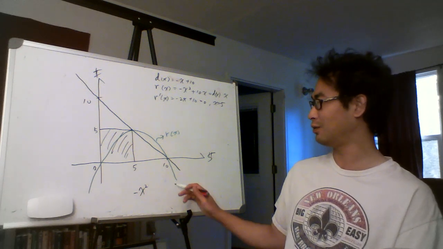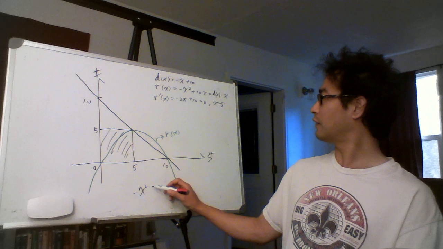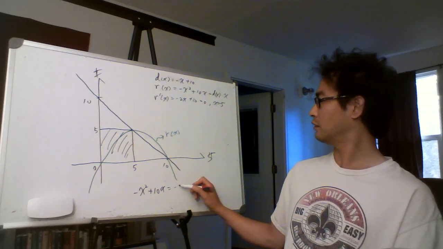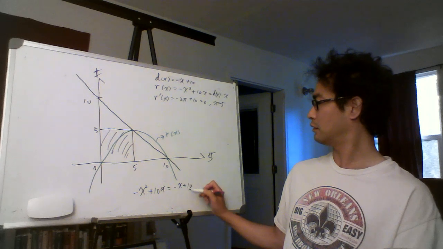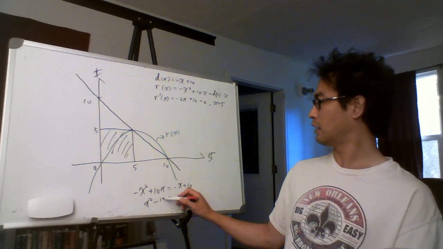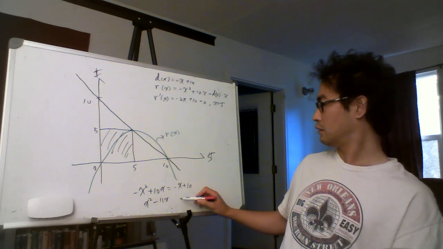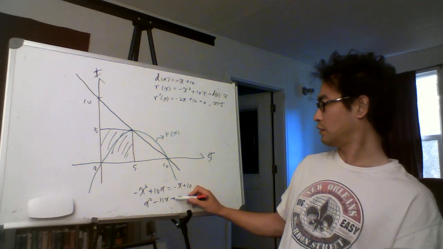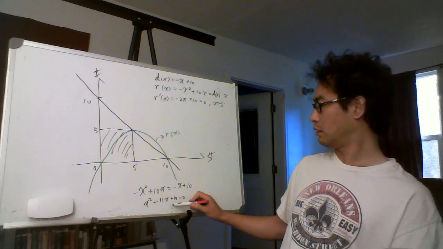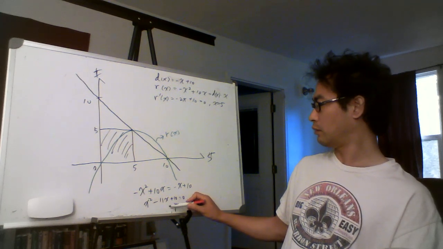Let's find the intersection between these two curves, okay? So, real quick: x squared minus 11x plus 10 is equal to 0. So 10, 1, minus, minus.